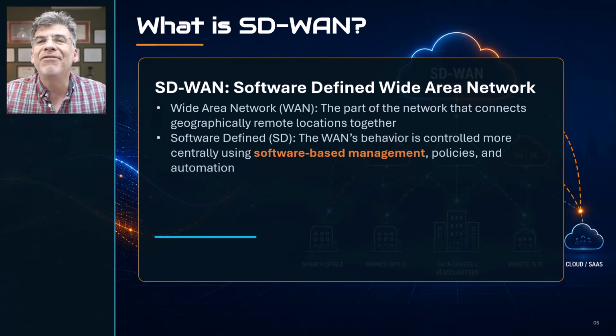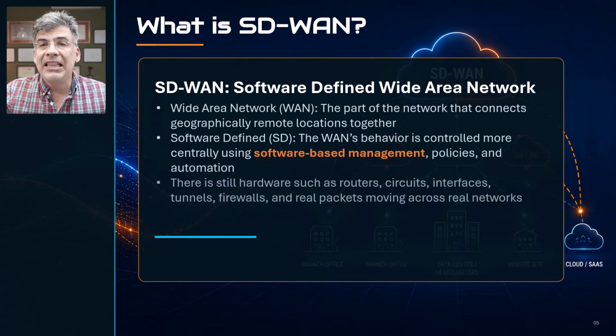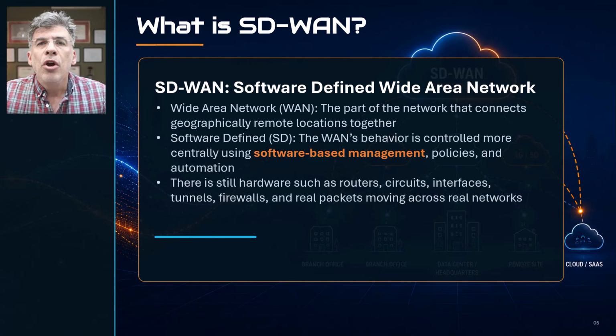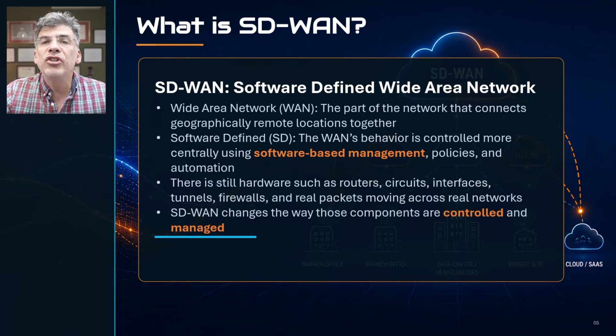The software-defined part means that the behavior of the WAN is controlled more centrally, using software-based management, policies, and automation. This does not mean that there is no hardware. There are still routers, circuits, interfaces, tunnels, routing protocols, firewalls, and real packets moving across real networks. But SD-WAN changes the way those components are controlled and used.